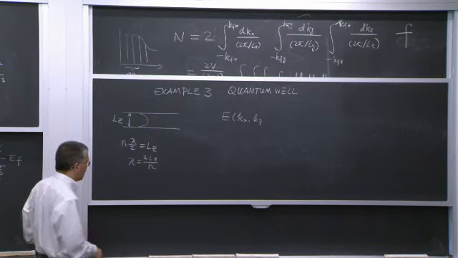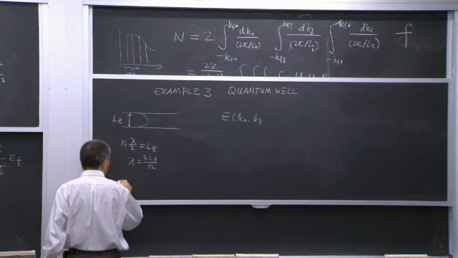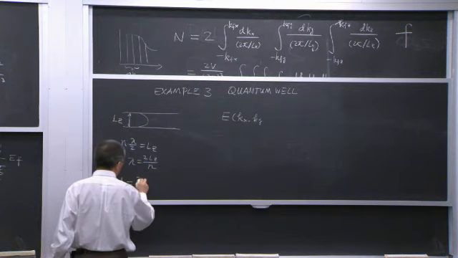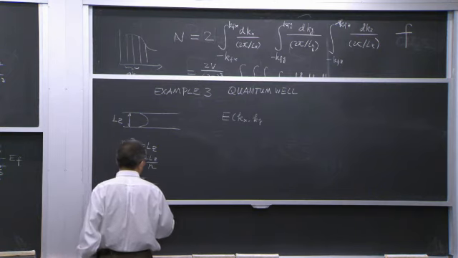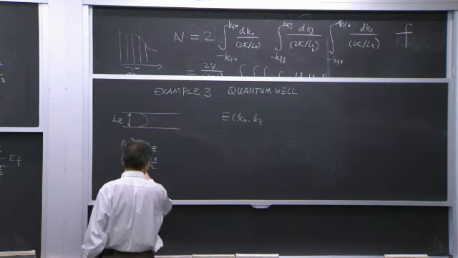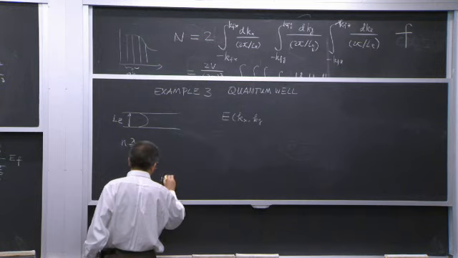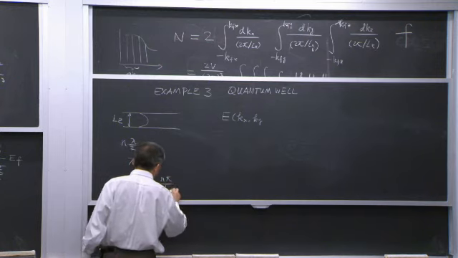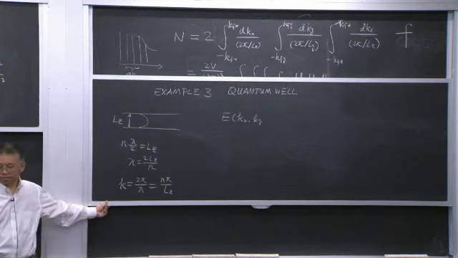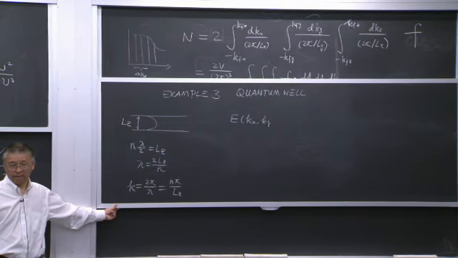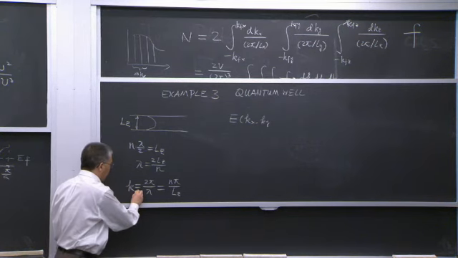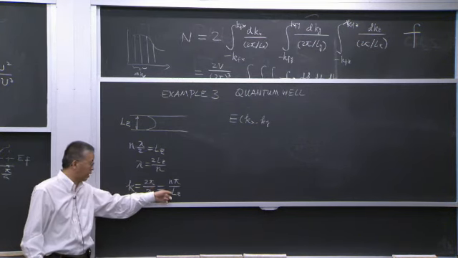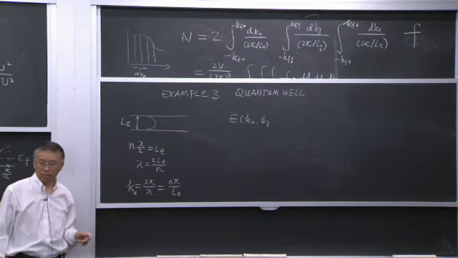The momentum k equals 2 pi over lambda, and what do you have here? 2 pi over lambda, lambda is there, so I have n pi over Lz. This is my k in the z direction. The separation becomes pi over Lz.